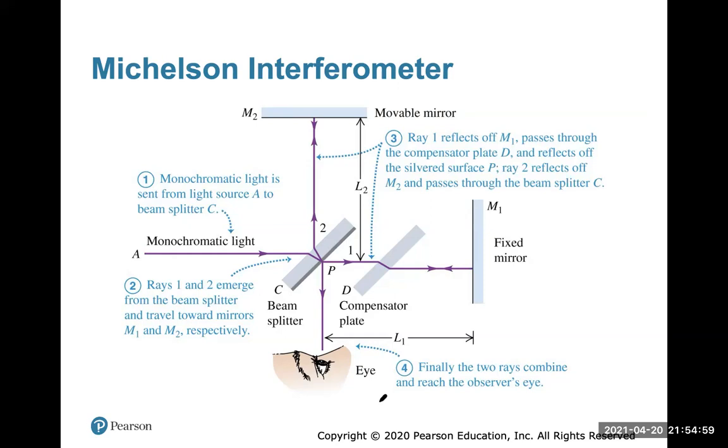For some time, it was thought that light, because we looked around at the other waves that we had experience with, and we said, every single wave we can find requires a medium in which to propagate. So we thought, so must light. There must be a medium in which light propagates. We called it the ether.